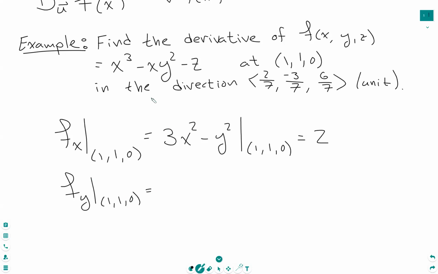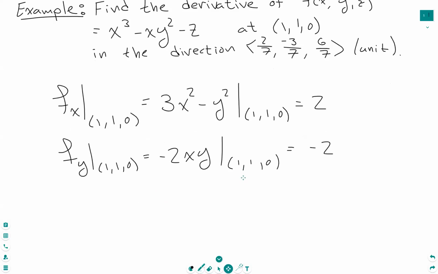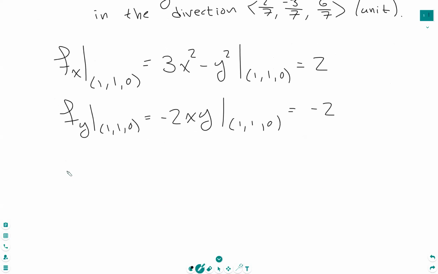We'll just get negative 2x times y at the point 1, 1, 0. This will just give us a value of negative 2. Then the partial z derivative at this point will just be negative 1. We're evaluating at this point, but it's a constant, so we'll just get negative 1.